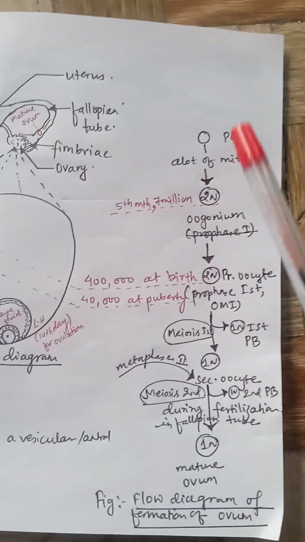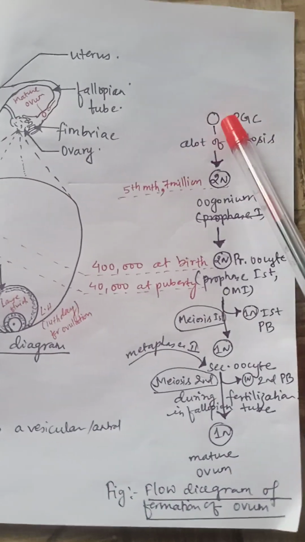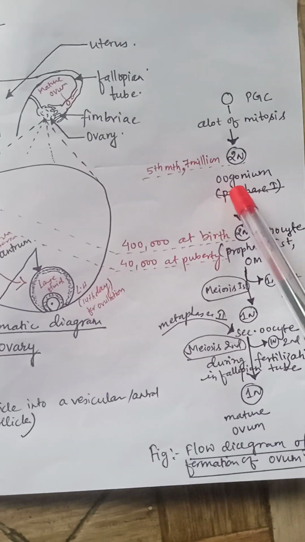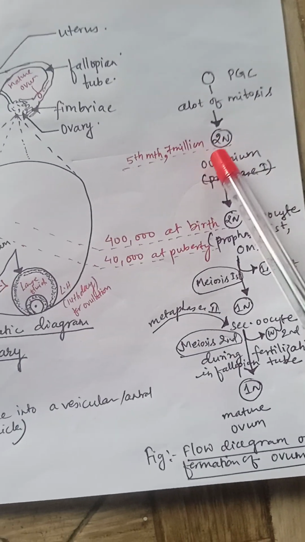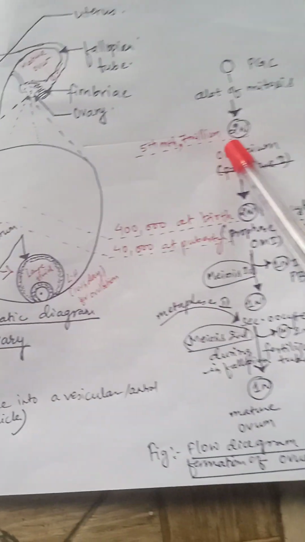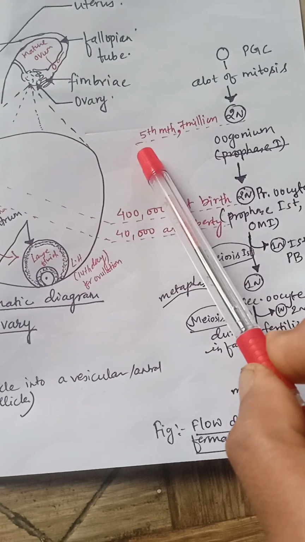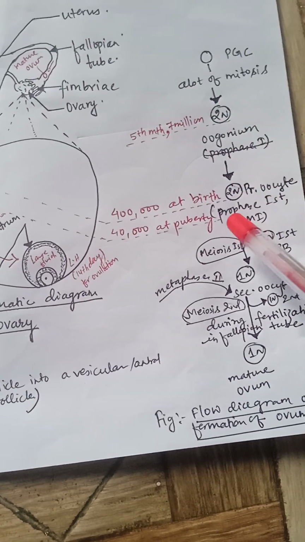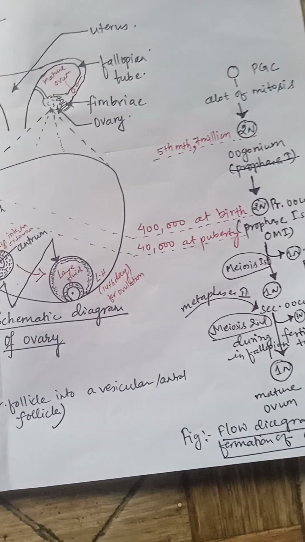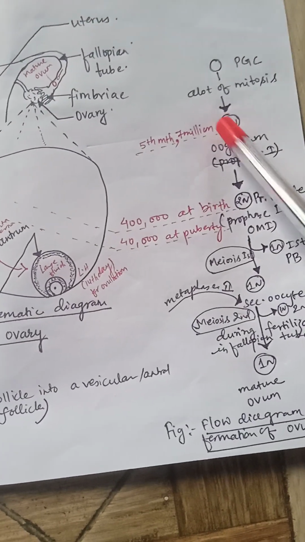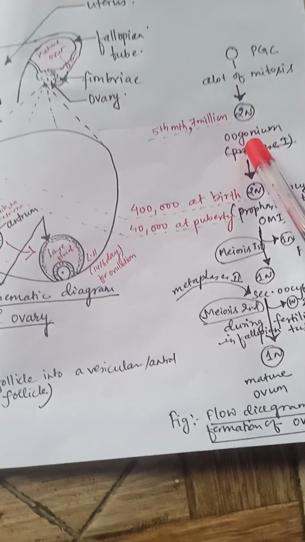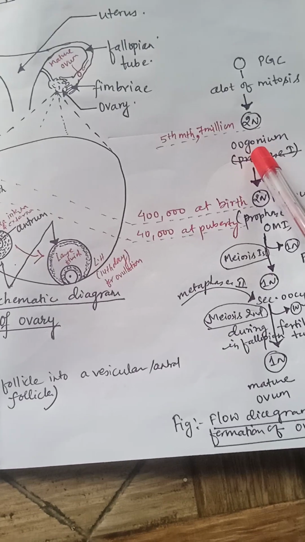So focus right over there: primordial germ cells, after repeated mitotic division, form oogonium, and these oogonium inside the ovary are about 7 million in number when the child is about 7 months. Now when the child takes birth, in between the 5th month and birth, there is a drastic change in the shape and size of the oogonium and its function.